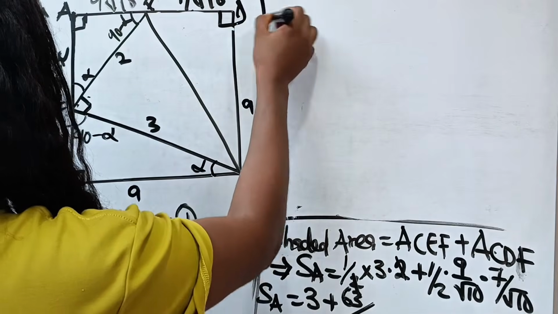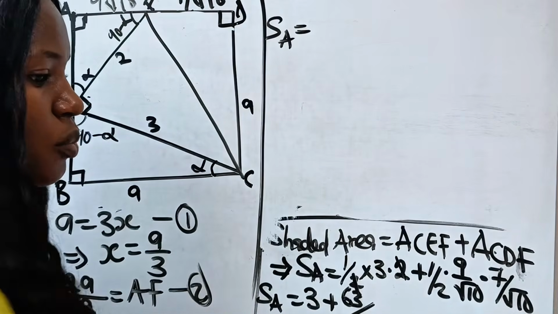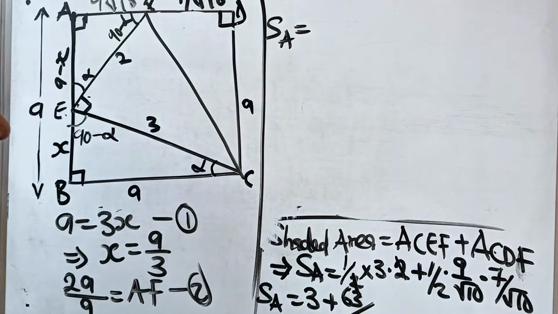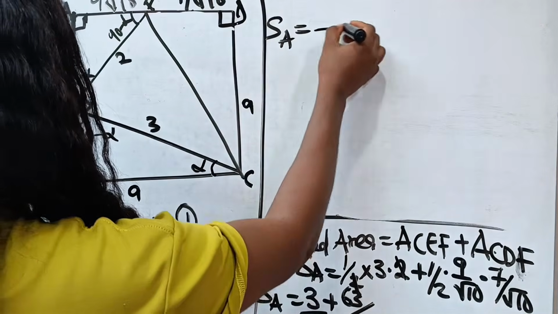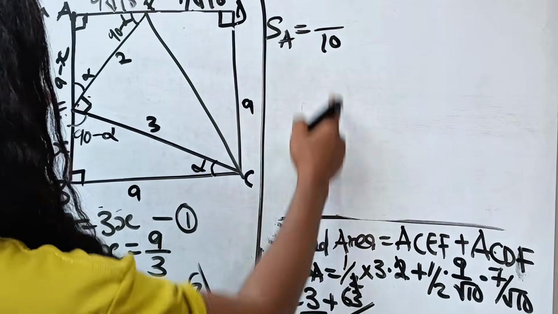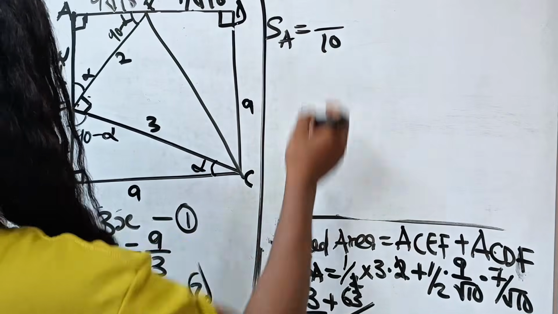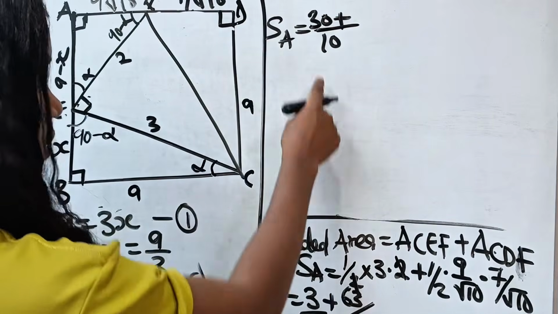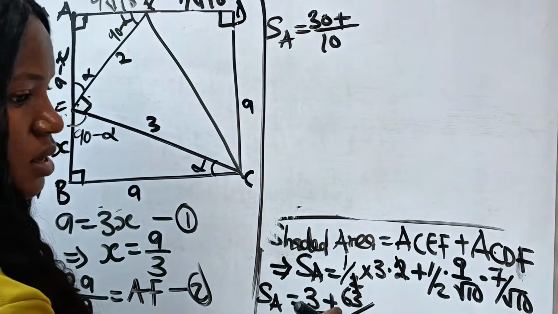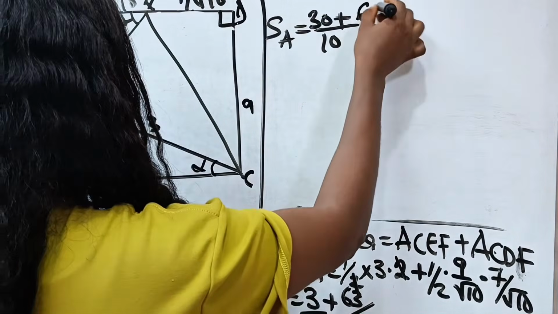So the shaded area should be equal to, the LCM of 1 and 10 is 10. When 1 divides 10, we have 10. 10 times 3 is 30, plus, when 10 divides 10, we have 1. 1 times 63 is 63.